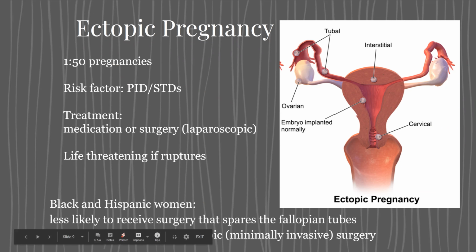Black and Hispanic women are less likely to receive surgery that spares the fallopian tube, so they're much less likely to have their reproductive capacity spared. And yes, you can still get pregnant with just one tube, but it's not ideal, right? They're also less likely to receive laparoscopic, the minimally invasive surgery, so they have a much higher risk of complications.